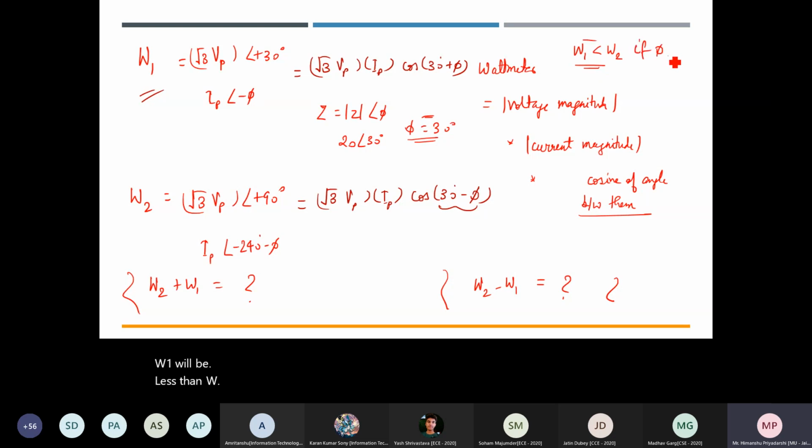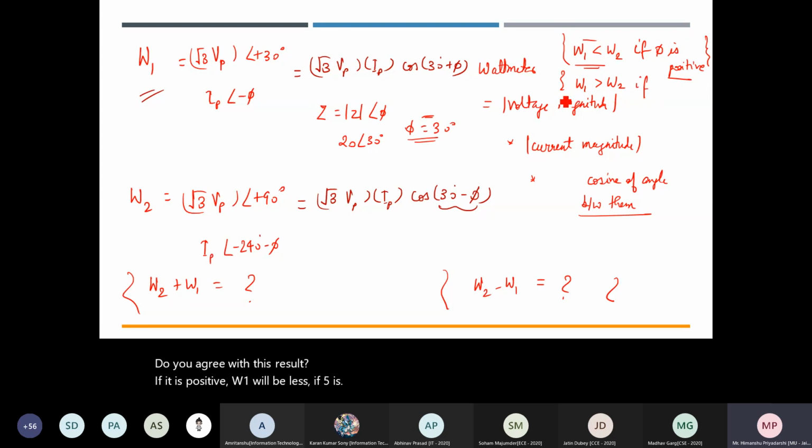If phi is positive. Do you agree with this result? If phi is positive, W1 will be less than W2. And if phi is negative, W1 will be greater than W2.